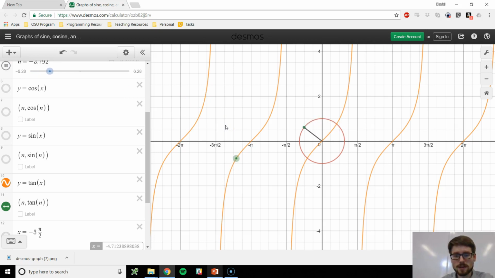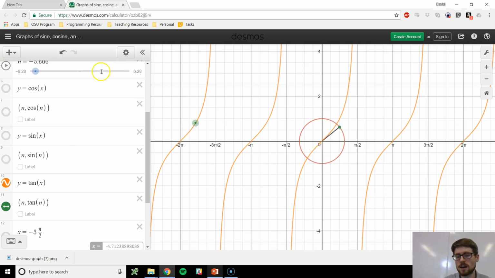Then we have a very steep negative slope, increasing to 0, then a positive slope that's increasing and getting steeper, off to infinity, then a negative slope getting bigger, getting to 0, and then it repeats itself.